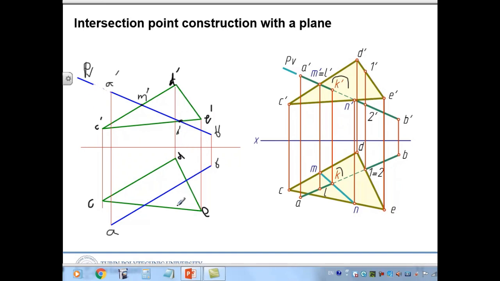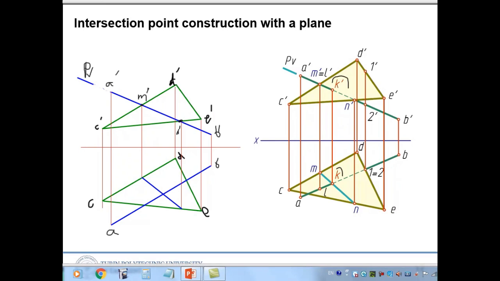And we have to find the other projection of those points. So M dash is between C and D, so it's here, and N dash is between C and E, it is here. So we can create a line between this M and N point. So this is that line.